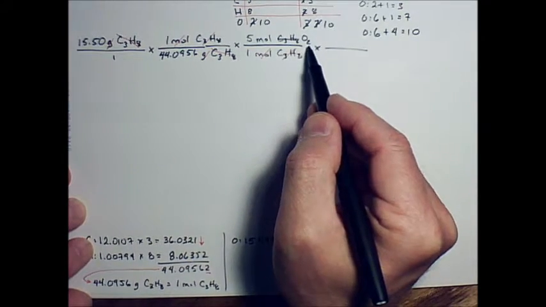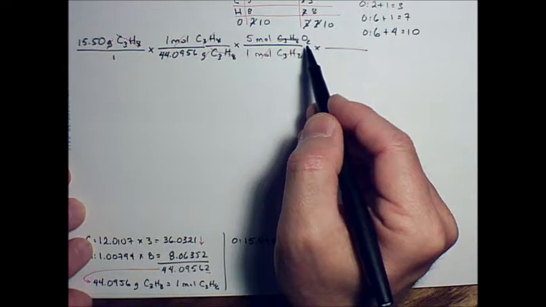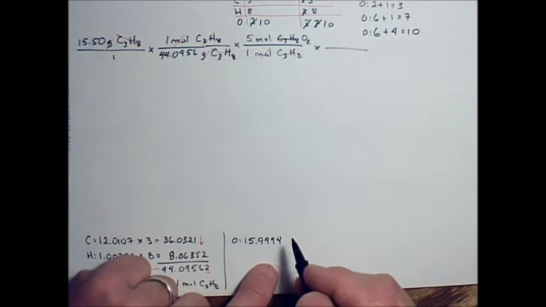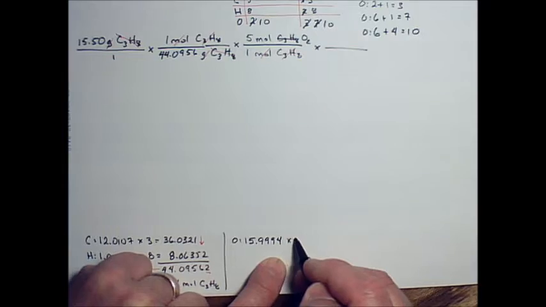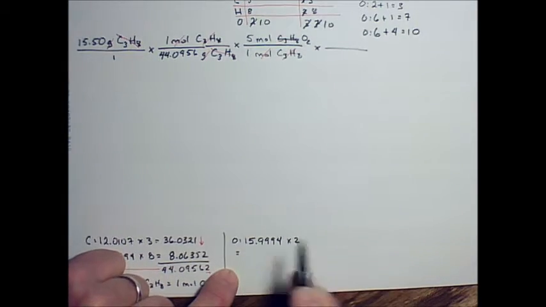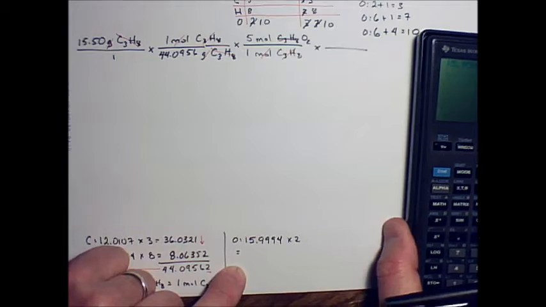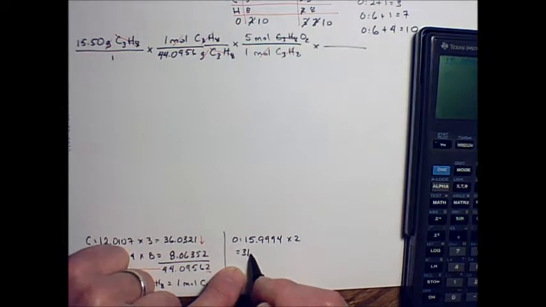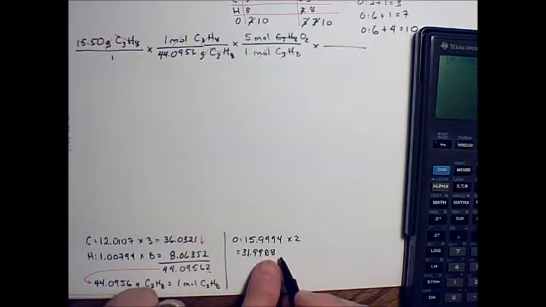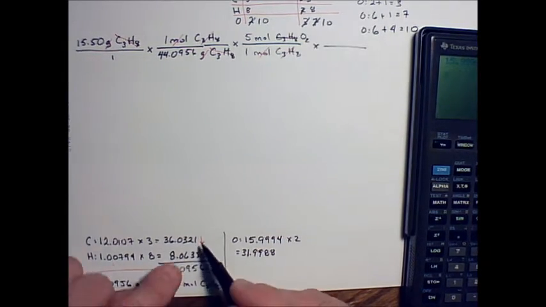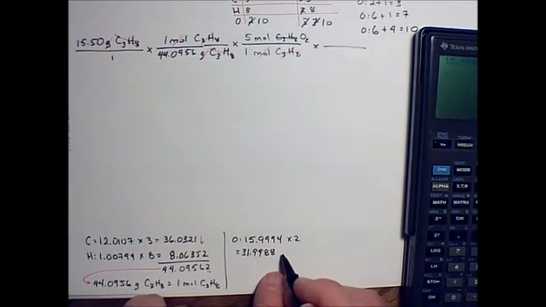We're going to multiply it by 2 because the molar mass is always the sum of all the atomic masses of all the atoms in a formula, so times 2. And we multiply 15.9994 times 2. We get 31.9988. Okay, and again, I don't have to round anything off here. There's no addition over here to round anything off.